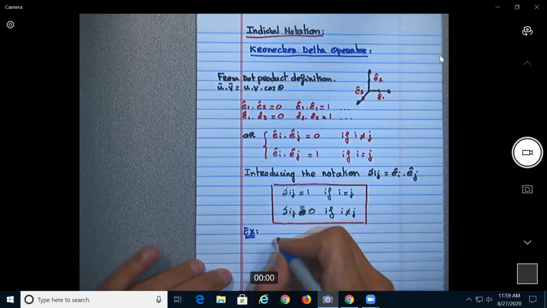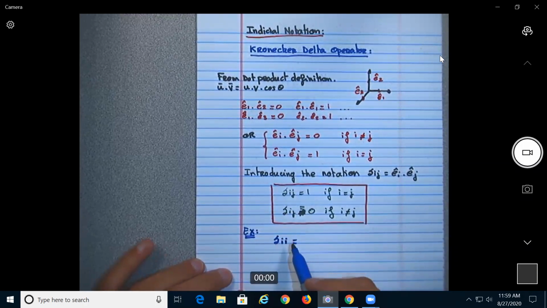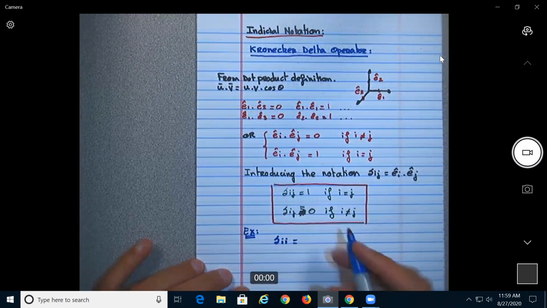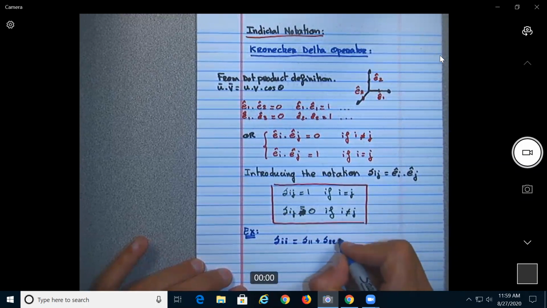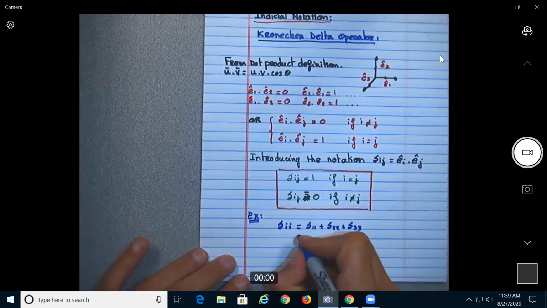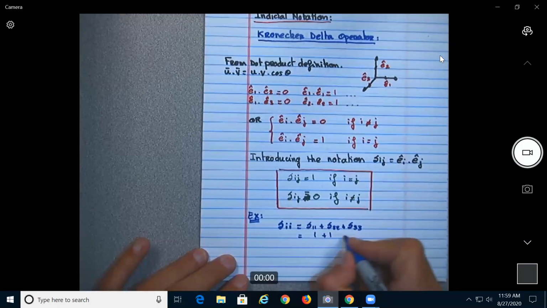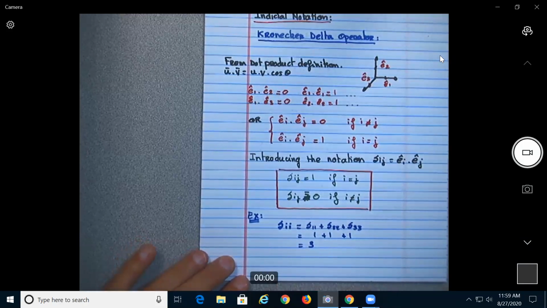So what would be then if you write down delta ii? Remember before, what did we say? If you have repeated indexes, you need to sum over all the numbers, no? So this one would be equal to what? Delta 11 plus delta 22 plus delta 33. Okay? And this will be equal to what? 1 plus 1 plus 1 equal to 3. Okay?